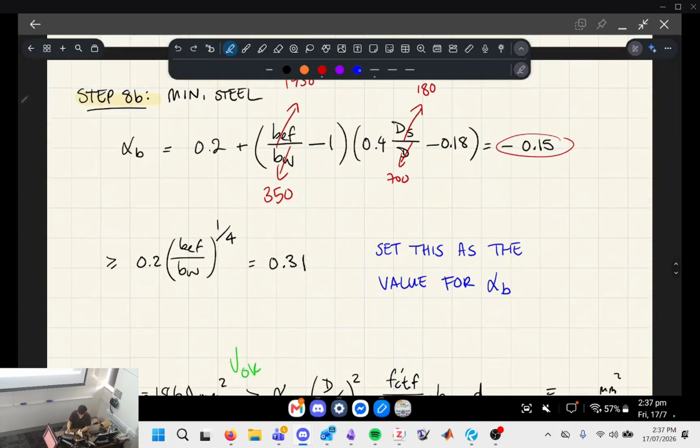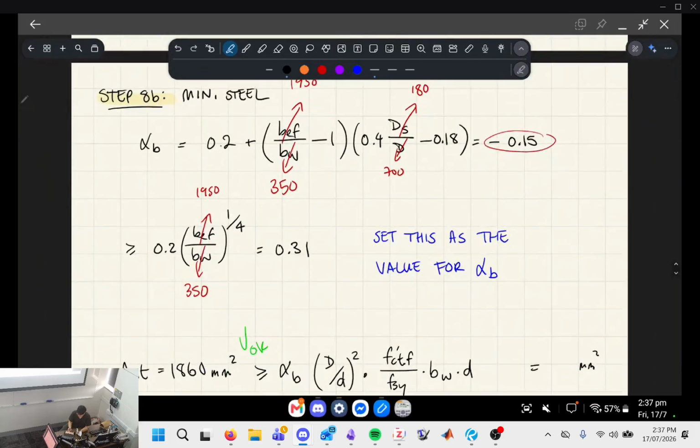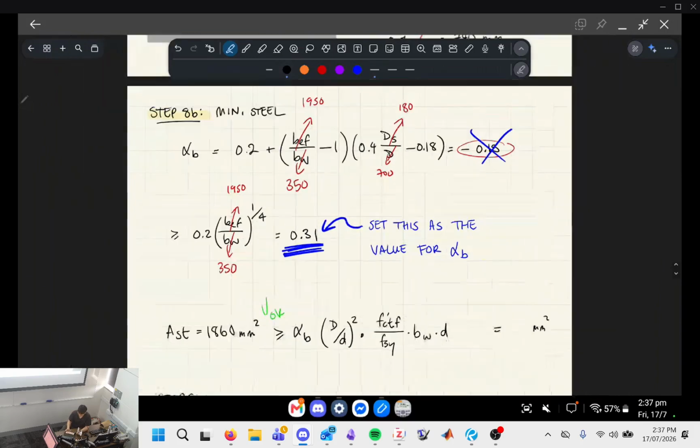So it has to be greater than 0.2 multiplied by this, to the power of 1/4. So the minimum value for alpha B in our case is 0.31. This is the value that we set it at because we don't want this value. It's too low.